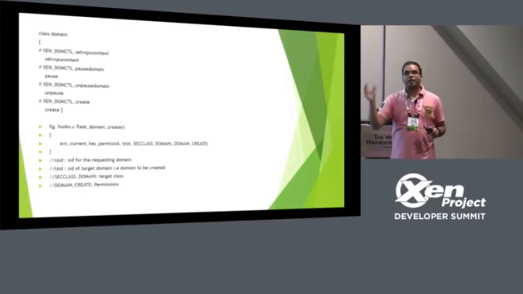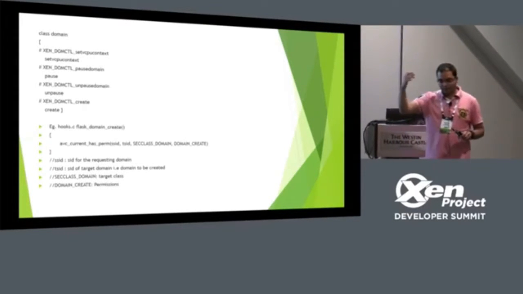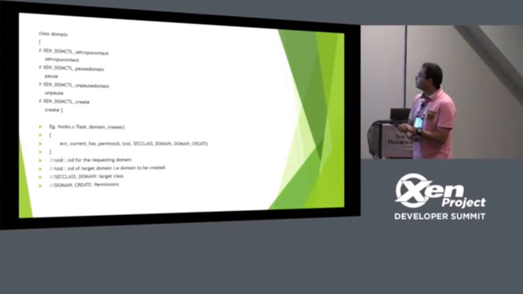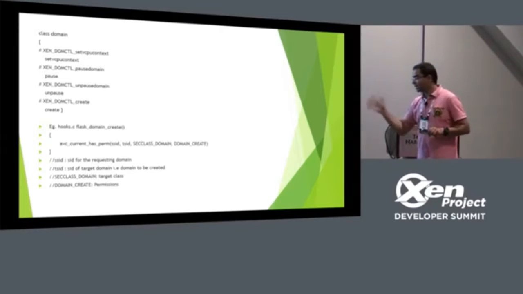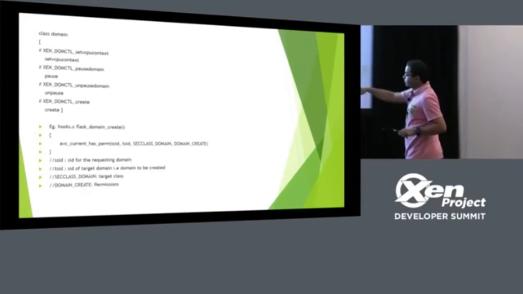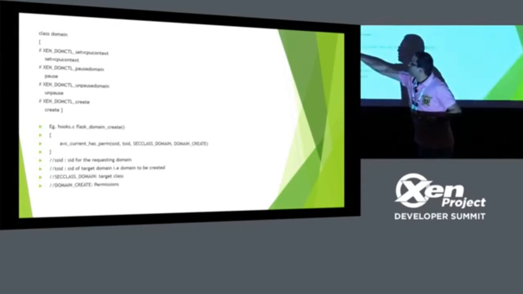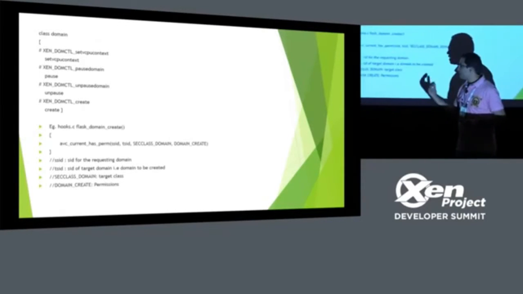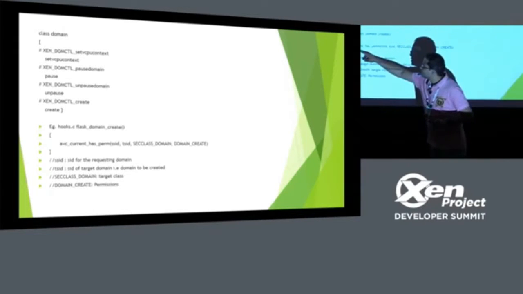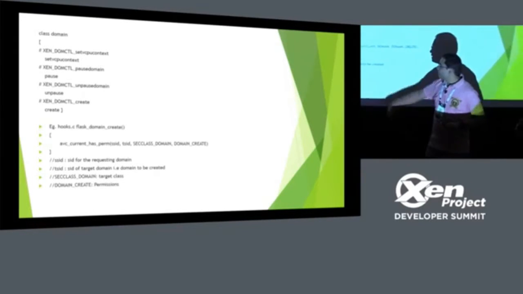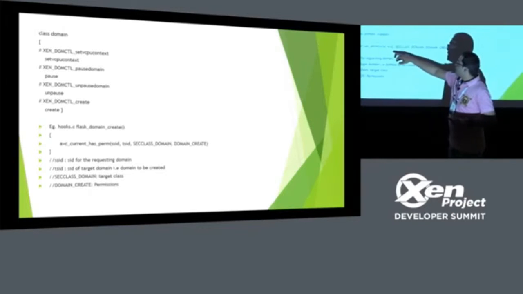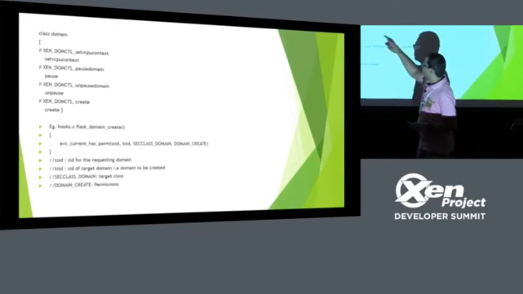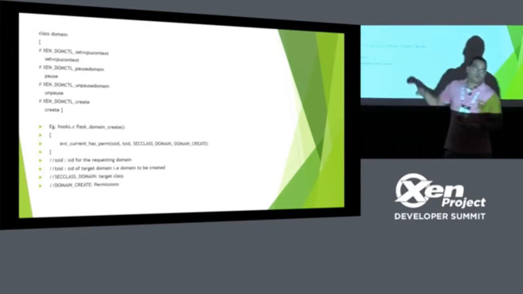It issues a create domain hypercall, or a privcmd, that goes to Xen. Before Xen executes that hypercall, there is a reroute. Before the implementation of the hypercall, a function called Flask domain create is called, and it checks whether the source has permission, according to the AVC, to perform the domain create operation on the target object.